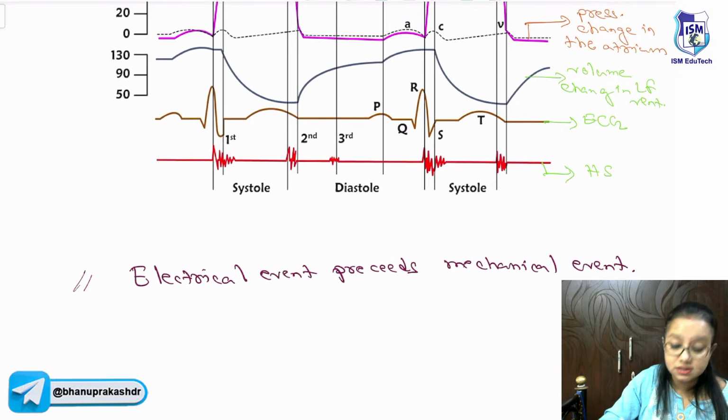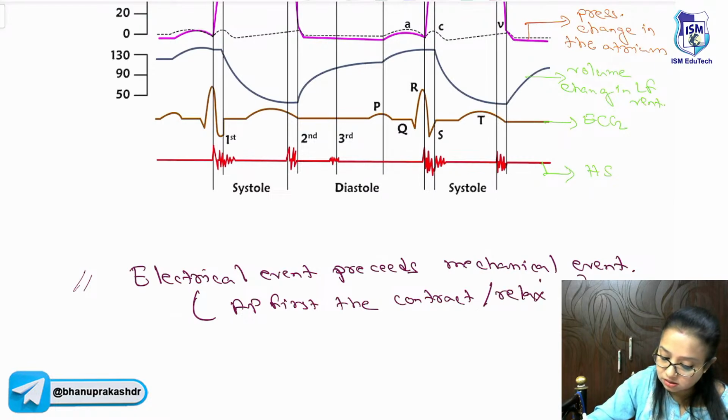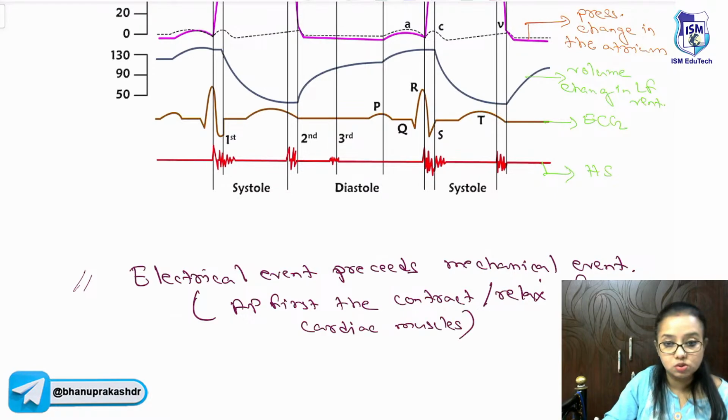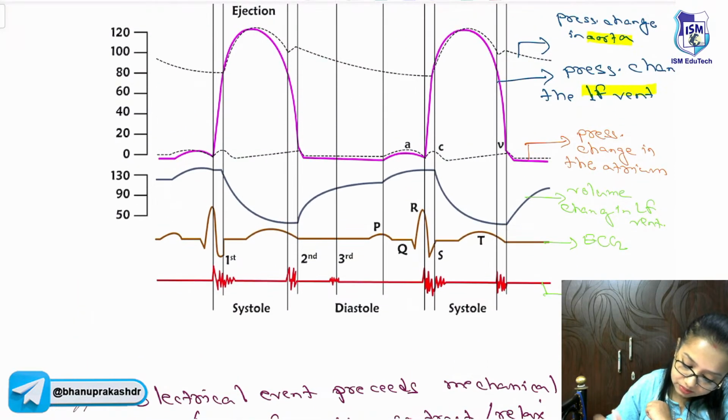Means first is the action potential, then contraction and relaxation of cardiac muscles. Okay, this happens.